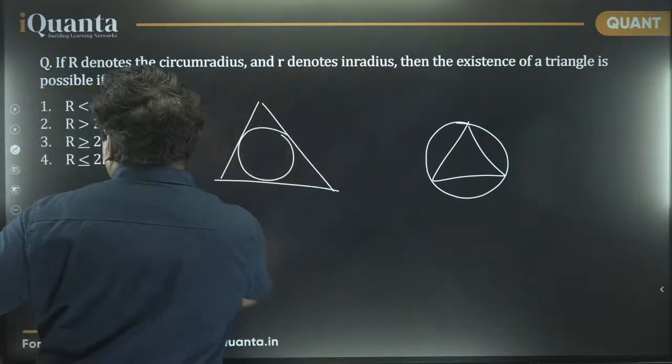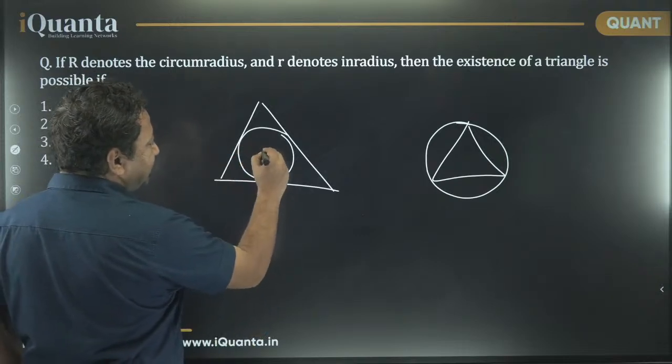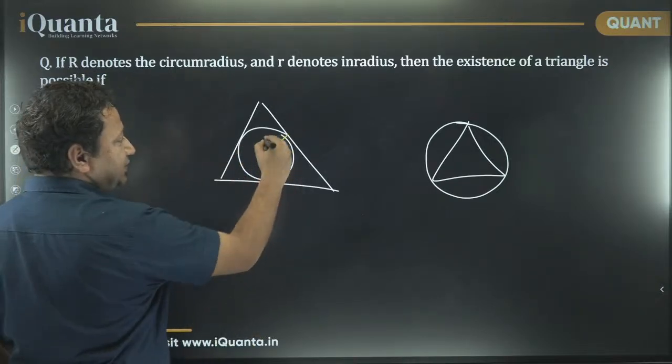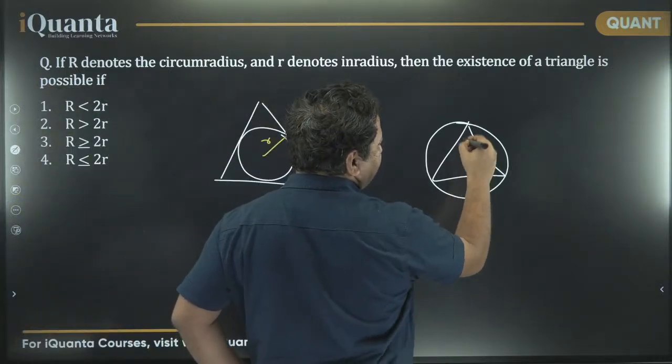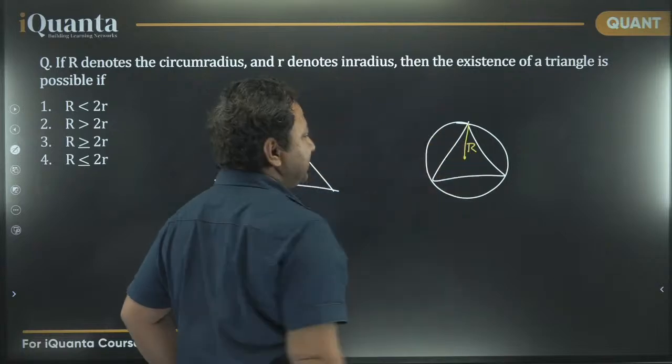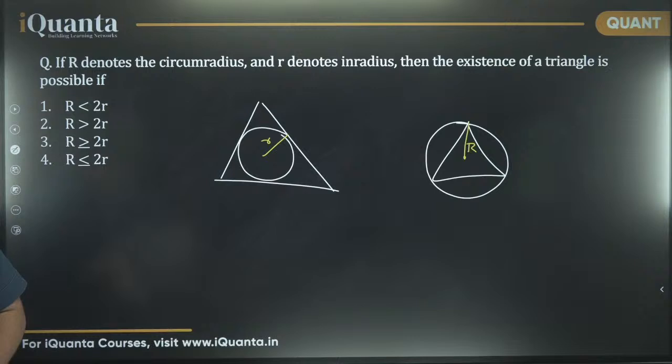Okay. Now, the inradius is the radius of the incircle, and the circumradius is the radius of the circumcircle. I hope that is clear to all of you. Isn't it? That's clear to everyone? Okay.